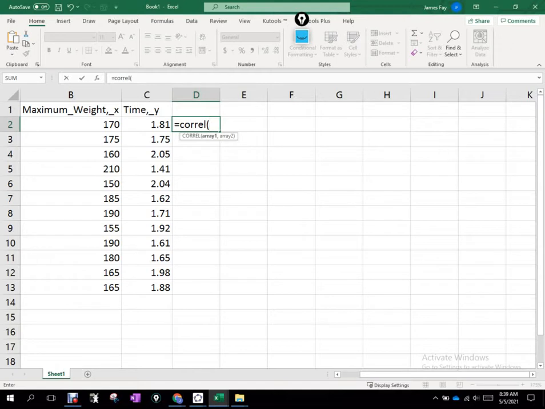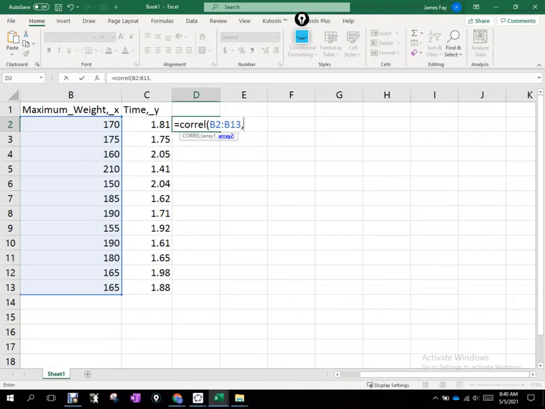You're going to tell it what we want our x's to be. So we're going to highlight those as our x's. Then we're going to hit a comma, and you see the components or the conditions is usually what we call them for this command. It says array 1 and array 2.